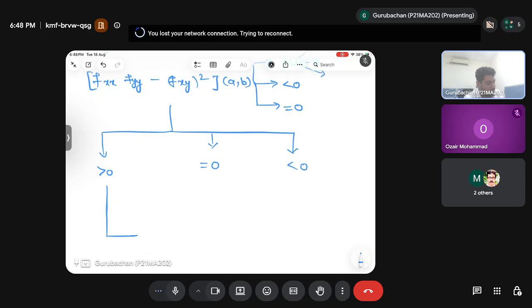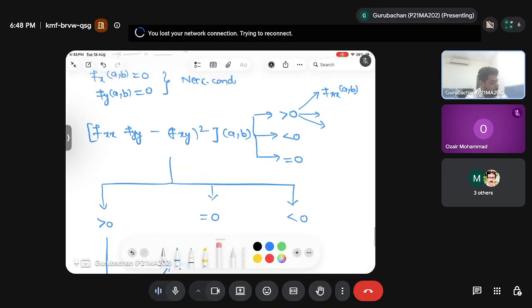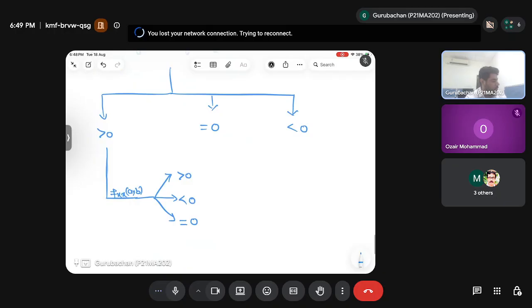In this case, we calculate fxx at (a, b). Again, this has three possibilities: it can be greater than 0, less than 0, or equal to 0. Now if anybody is able to recall, let me know what the result can be.